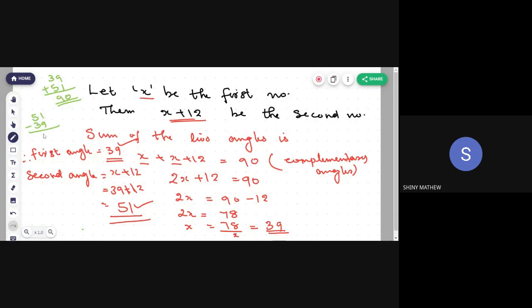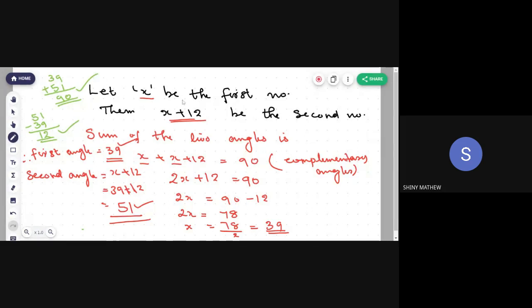Is it 12? Yes. Okay. So this way we can verify our answer. Adding gave 90 and subtracting gave 12. That means, as said in our question, they are two complementary angles whose difference is 12. That satisfies. So this is the actual method for finding that.